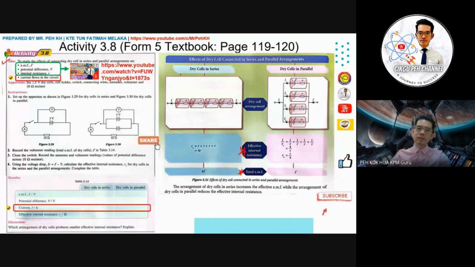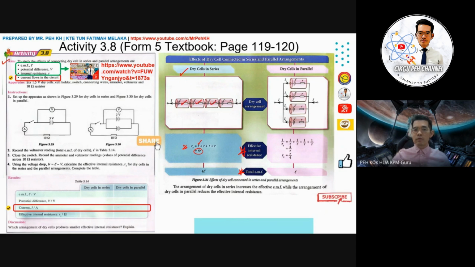From here, you can see that when the dry cells are arranged in series, it increases the effective internal resistance, where r represents the internal resistance of one battery.